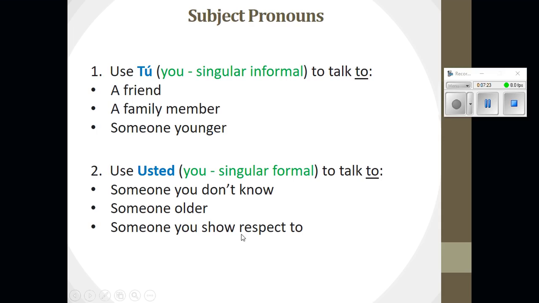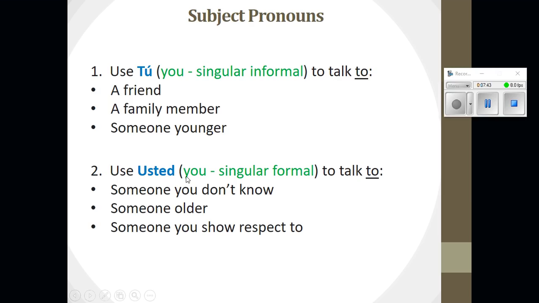We're going to do the first 2. All right, the PowerPoint says use tú, which is you, singular and informal, to talk to a friend, a family member, or someone younger. So on your note guide, next to number 1, go ahead and write tú, and that means you, singular, informal.